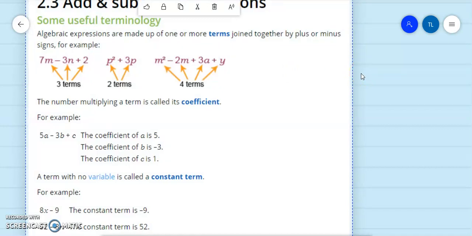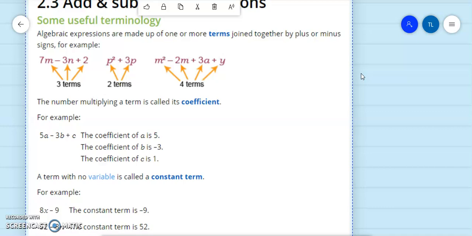Why? Because every term cannot be simplified into a simpler term. So 7m minus 3n cannot be simplified. 7m is the first term, minus 3n is the second term, and the number 2 is the third term.